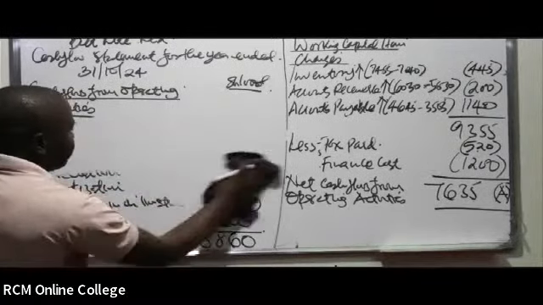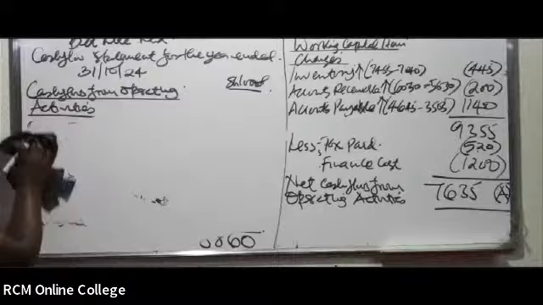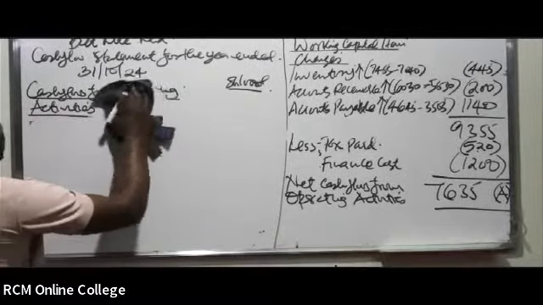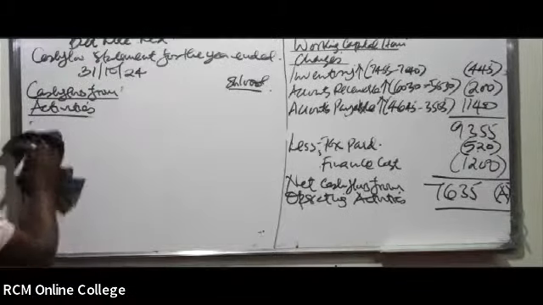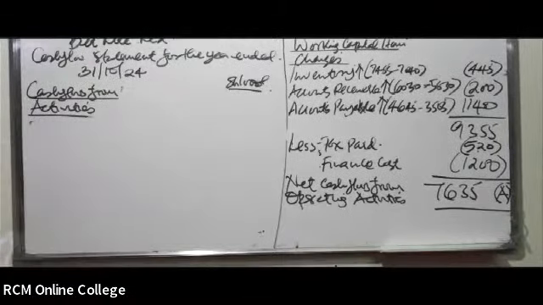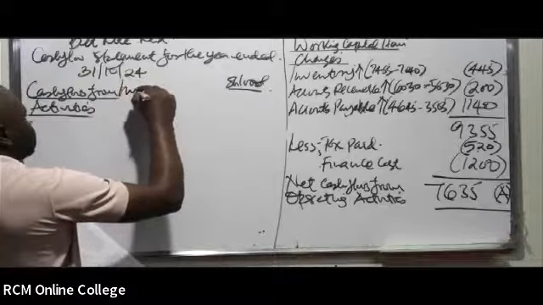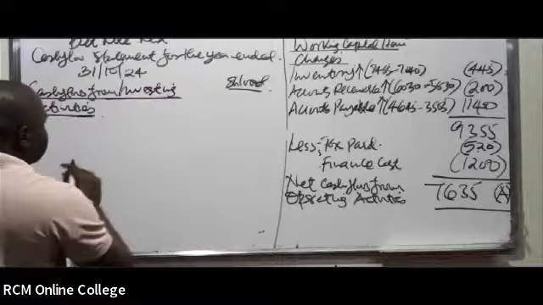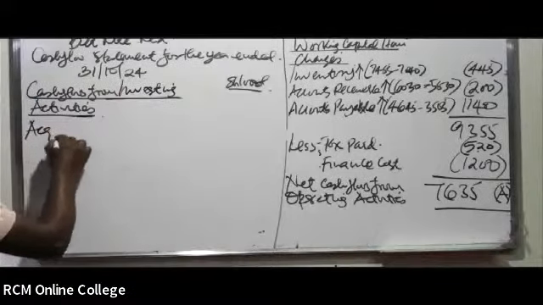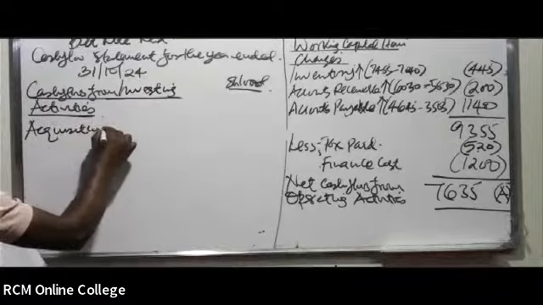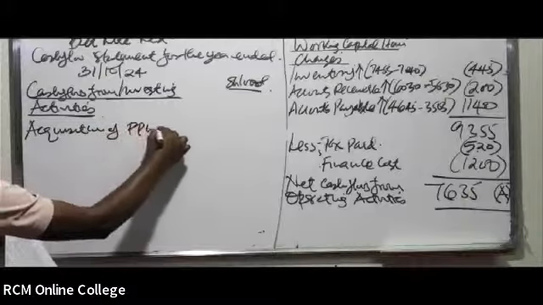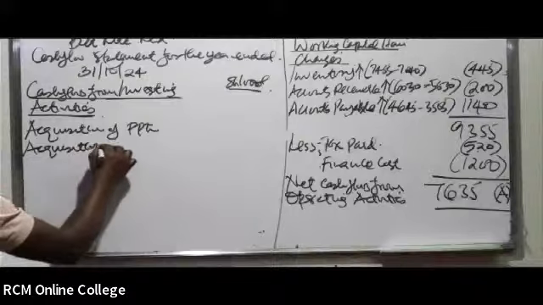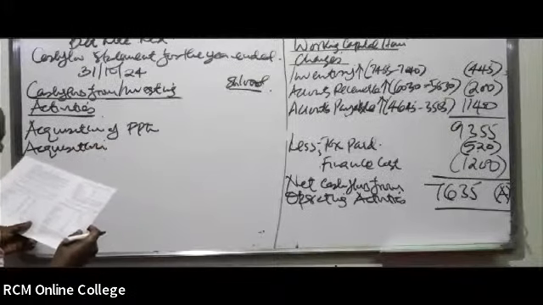Cash flows from investing activities. So we have in this case two acquisitions: acquisition of PPE, and there was that acquisition of patents.